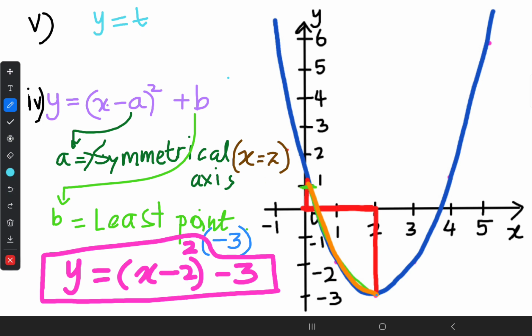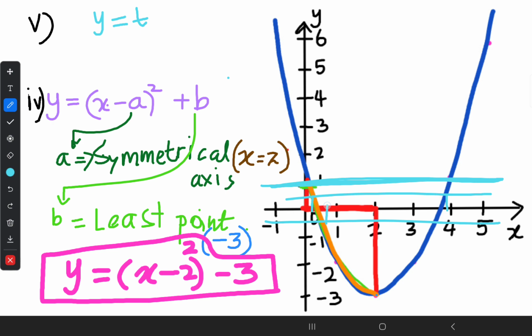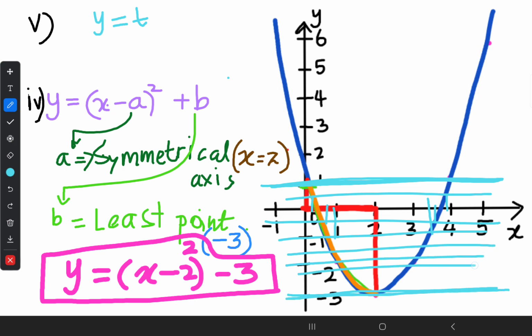Accordingly, here I analyzed and explained below this line: when you draw a line, both are positive. Likewise, up to here, when you draw any line which is parallel to the x-axis, that will give you two positive x coordinates.